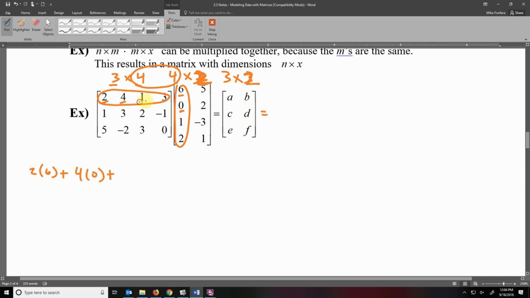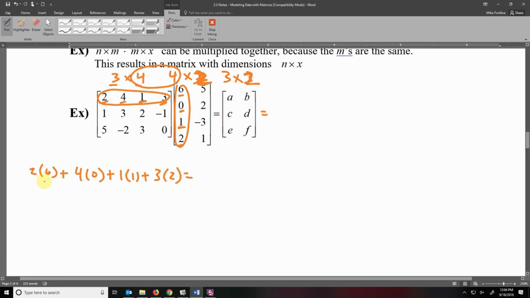And then over and down again, 1 times 1. And then over and down one more time, 3 times 2. And I'm going to add that all up.